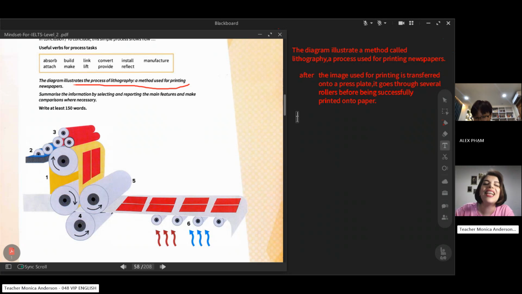Now, let's explain one by one. First, the plate is passed through, the plate is passed through, okay, they are called dampening rollers.